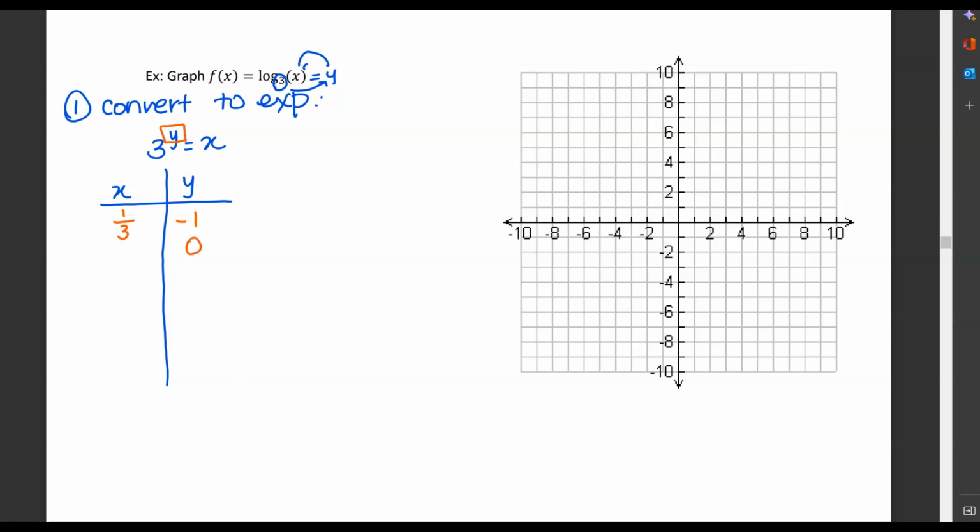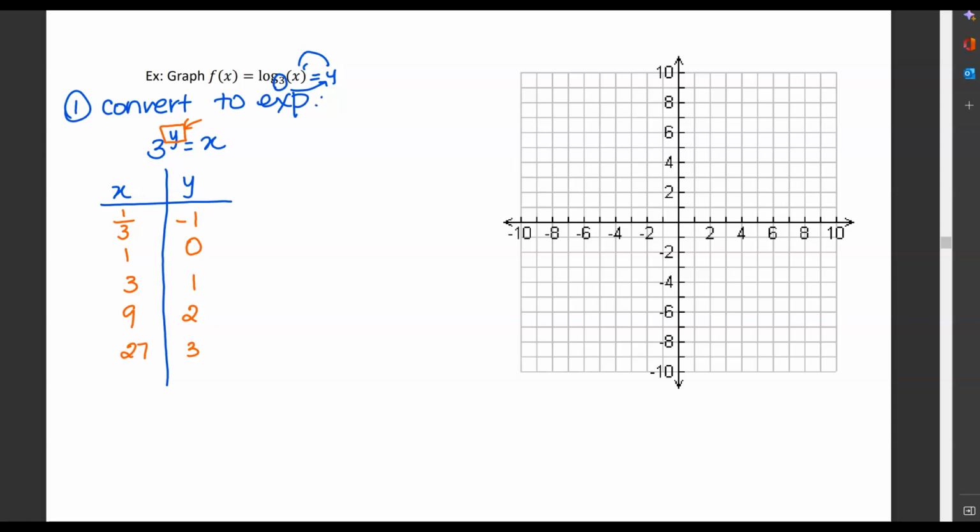If I plug in 0 here, that's going to give me an x value of 1. If I plug in 1, that'll give me an x value of 3, right? Because I'm plugging them into the y value. If I do 2, you can see I'm going to get an x value of 9. If I do 3, you can see I'm going to get an x value of 27. Okay, so those are larger values.